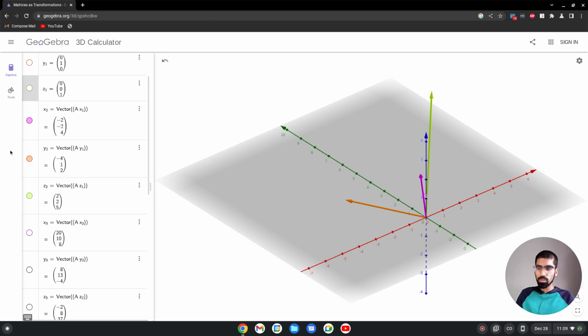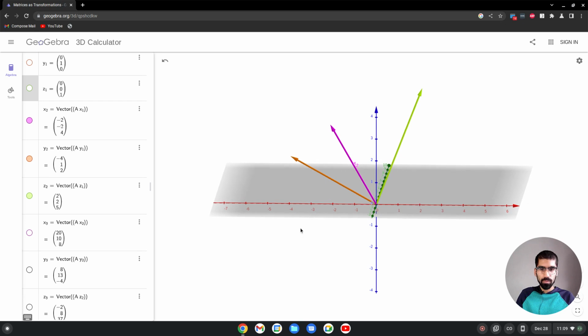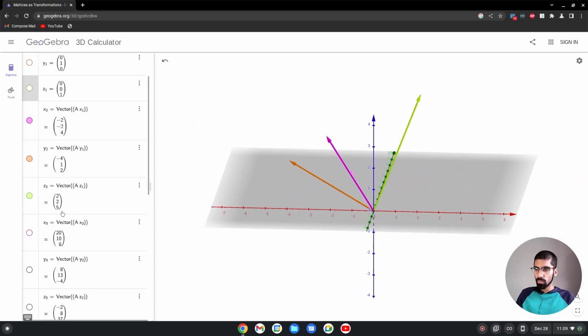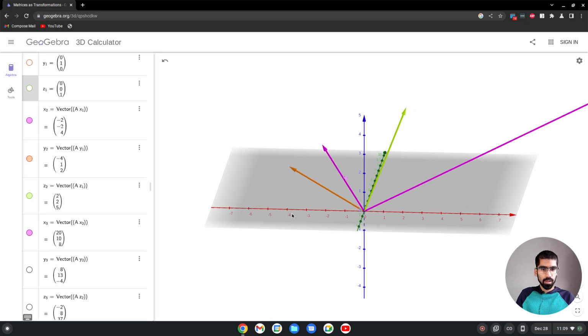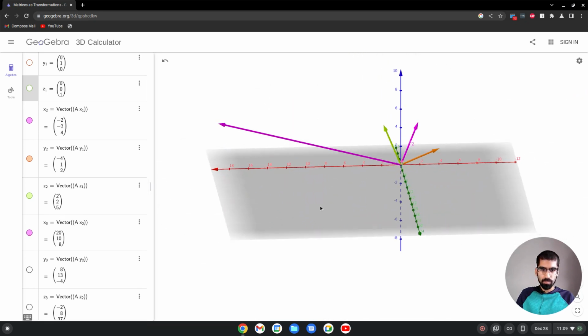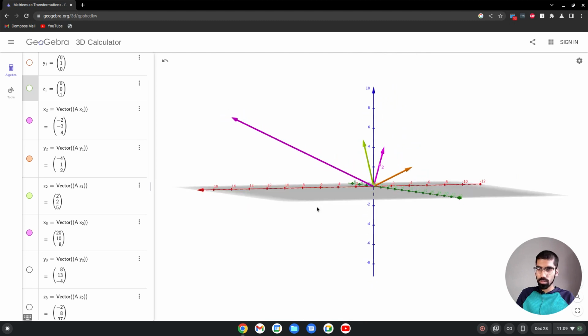So from x2, the one in purple, before it was like this, now we're going to transform it and it's going to start pointing in a new direction again. Same thing with y2.